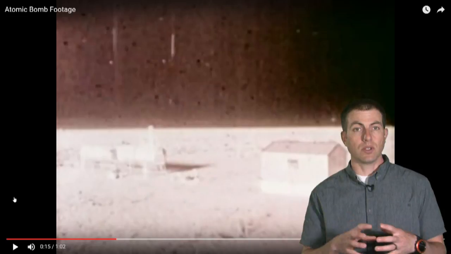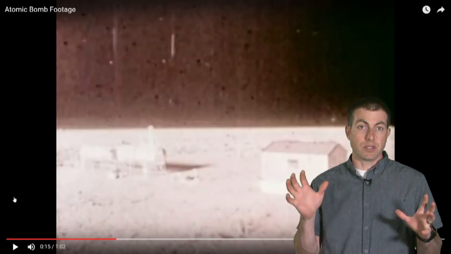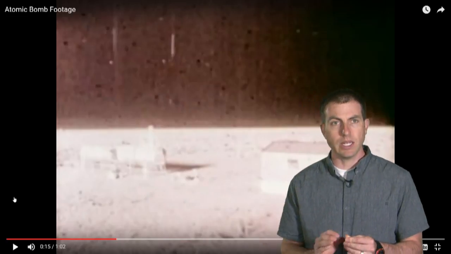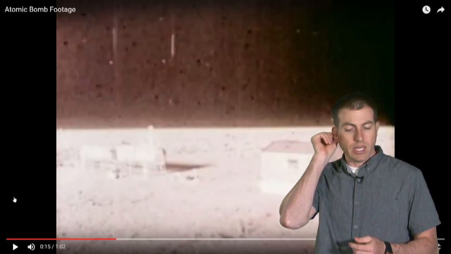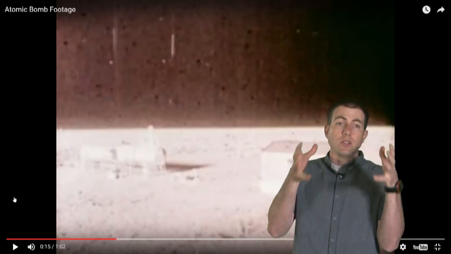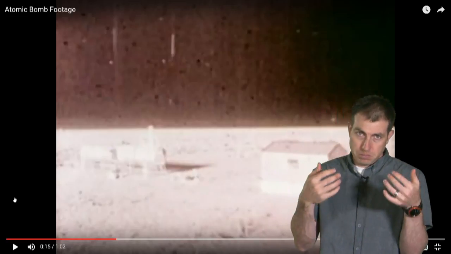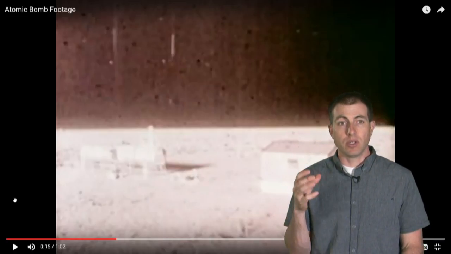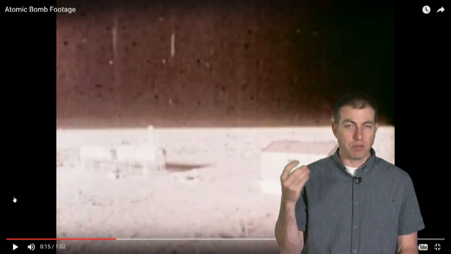Right as soon as a nuclear bomb goes off, a bunch of light is created, and light travels really fast. And basically the light is so bright that if you were to stand in front of this building and you were facing the nuclear blast, with your eyes closed, there'd be so much light created from the nuclear blast, you would literally go blind even with your eyes closed.